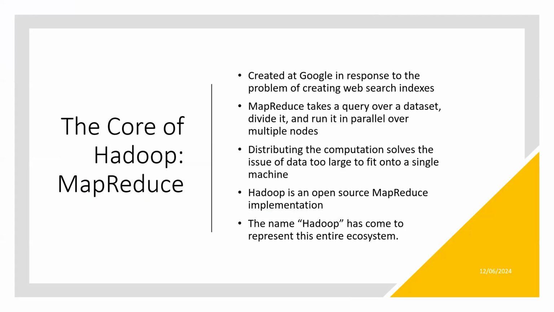The term Hadoop is actually the MapReduce implementation, which I described earlier, where you get the query, divide it, and run it on multiple different nodes. So Hadoop represents the entire ecosystem.